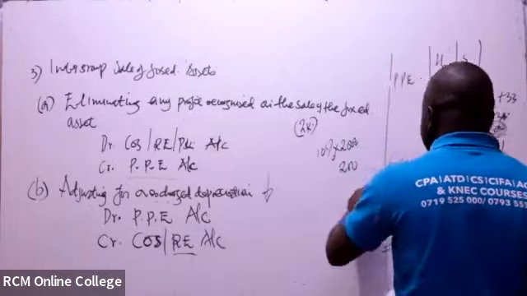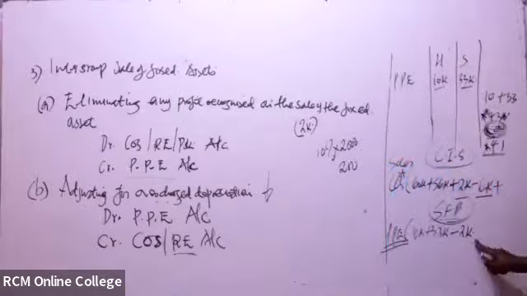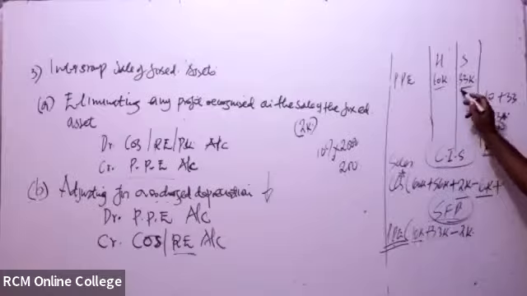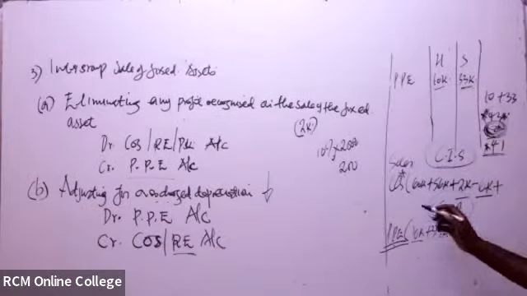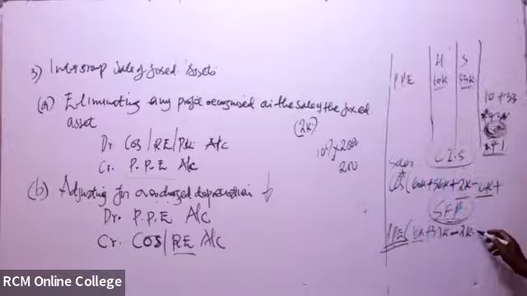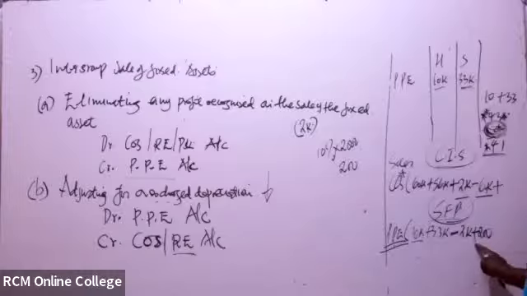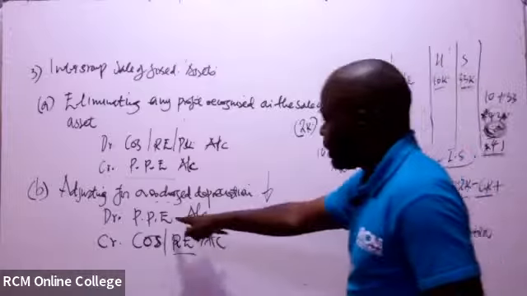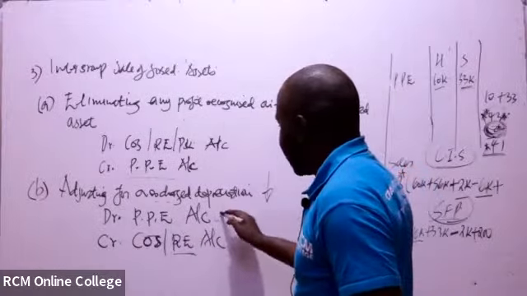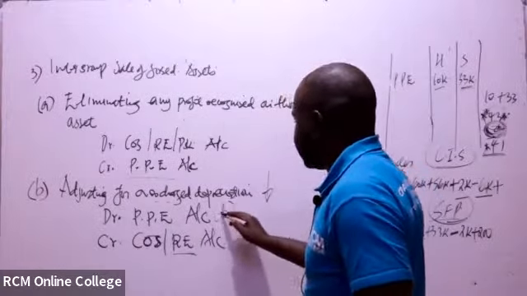We return the 200. So when we are consolidating, we'll be saying 10K plus 33K minus this particular profit recognized. But now we are also correcting the overcharge of 200, so we'll be adding it. Because if you are debiting the property, plant, and equipment account, it means you are increasing it, so we'll be adding.